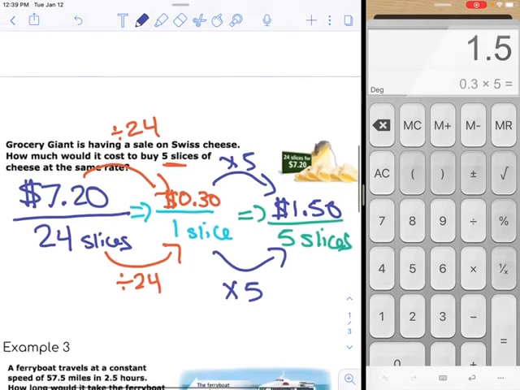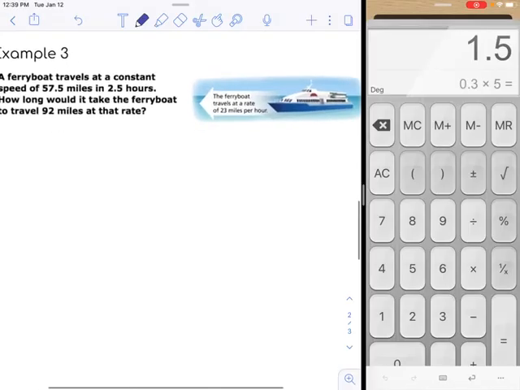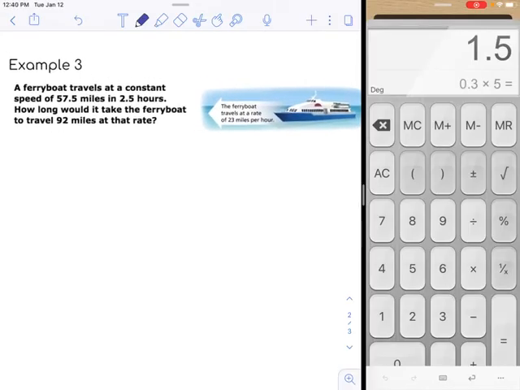All right, let's try example 3, last one. A ferry boat travels at a constant speed of 57.5 miles in 2.5 hours. How long would it take the ferry boat to travel 92 miles at that rate?